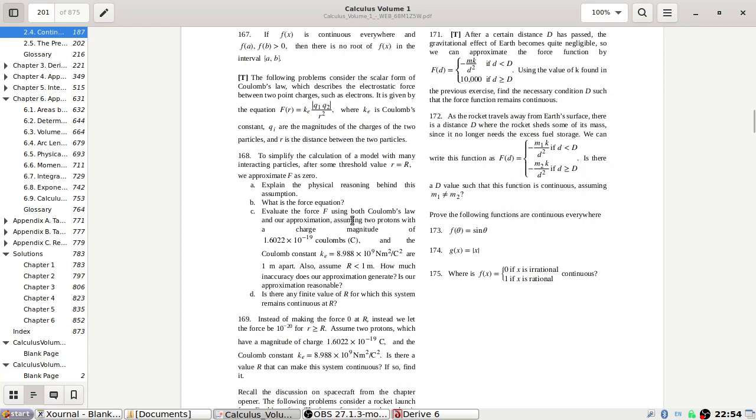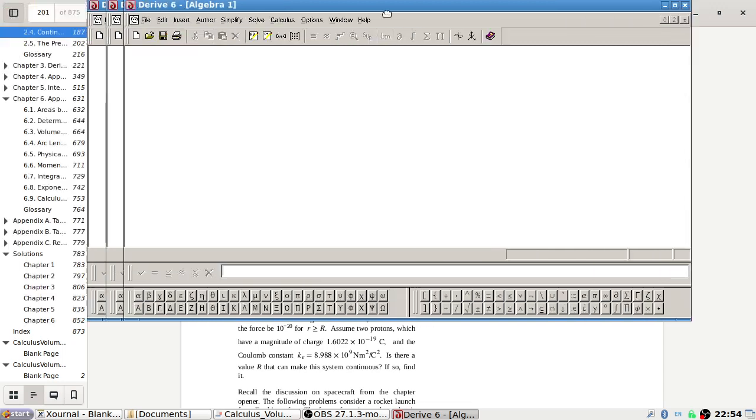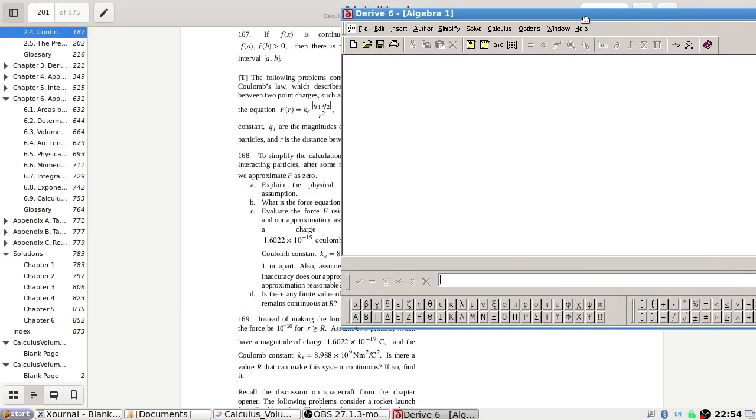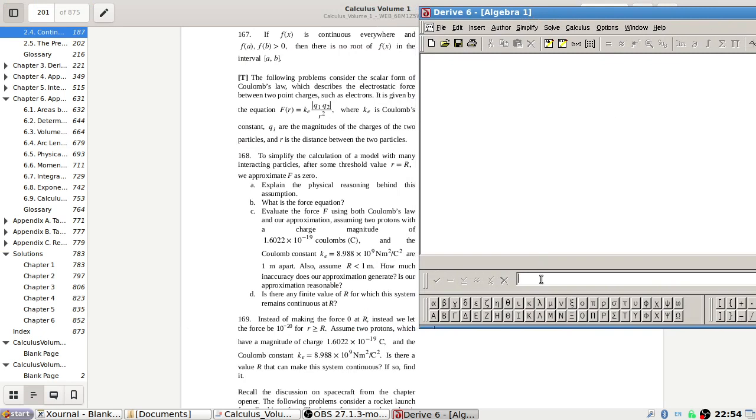Okay, evaluate the force. Let's try and type this in if we can. 8.988 times 10 to the power of 9.